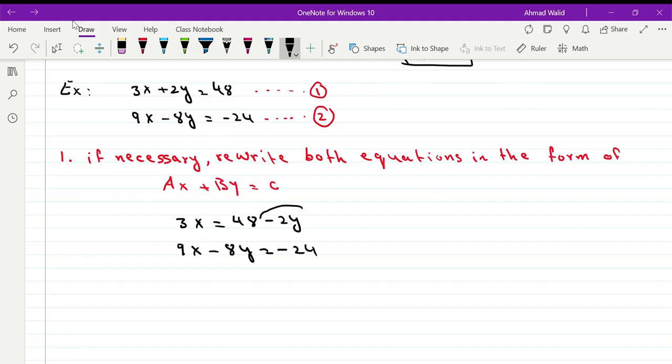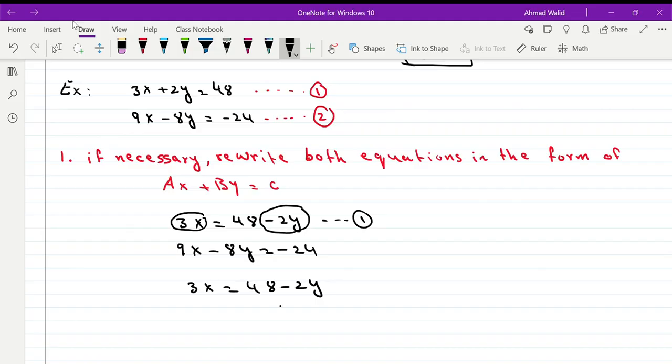You have 2y on this side, you have 3x on this side. What you do in step 1, because you are using the addition method, is write equation number 1 in the form of ax plus by equals c. It means bring both variables to one side and keep the constant on the other side. Look, you have 3x equals 48 minus 2y. Of course, in the example it's not given like this, but I'm trying to explain for you the meaning of step 1, correct?